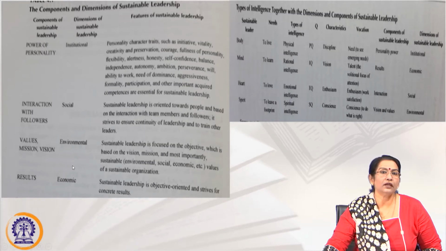In the environmental dimension, it is more of spiritual, moral and ethical intelligence. And the economic aspect is a kind of practical intelligence. These are the dimensions, components and associated types of intelligence that are very relevant to the personality attributes of sustainable leaders.